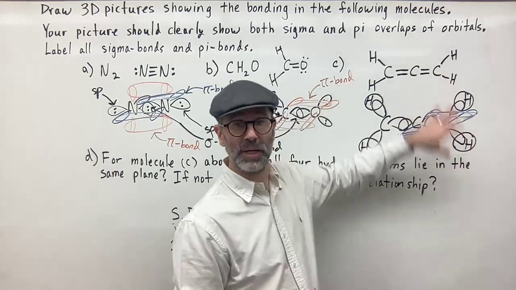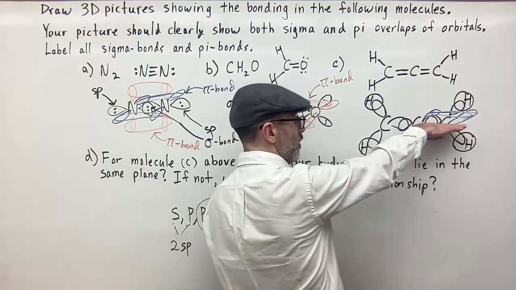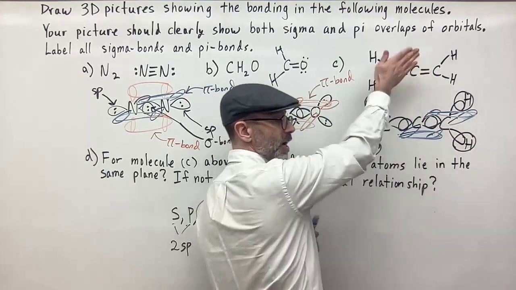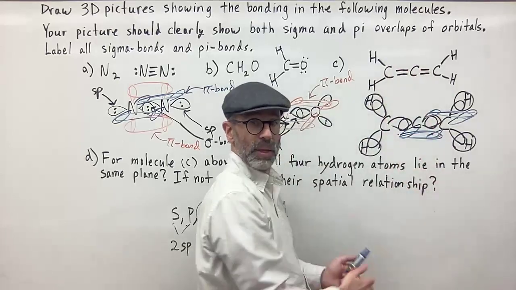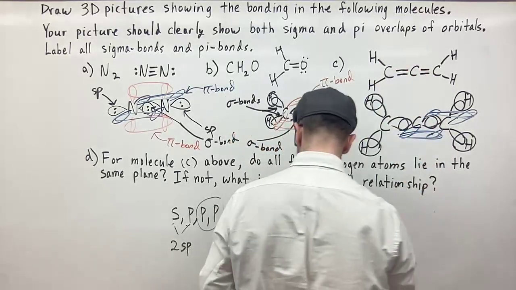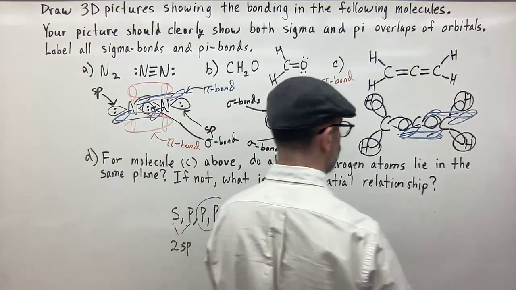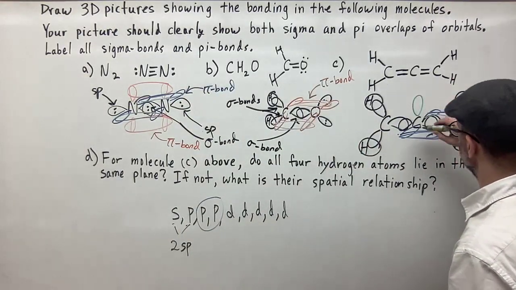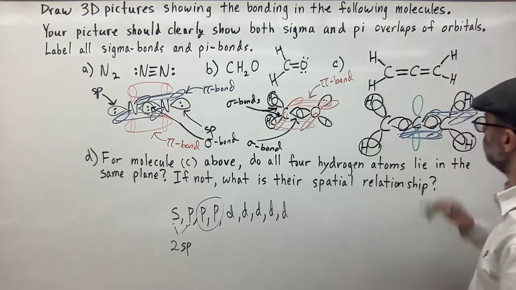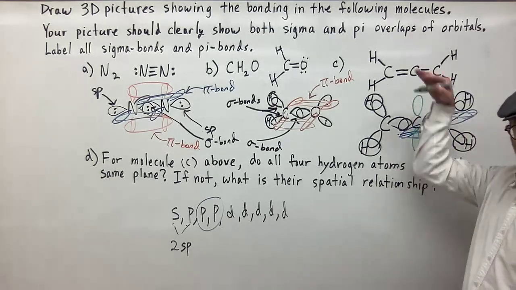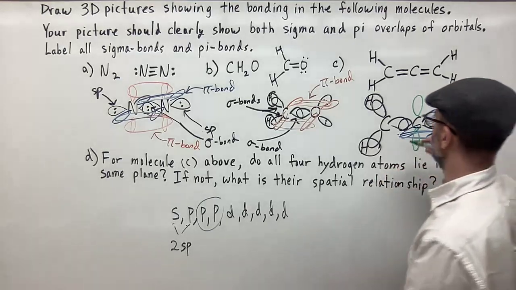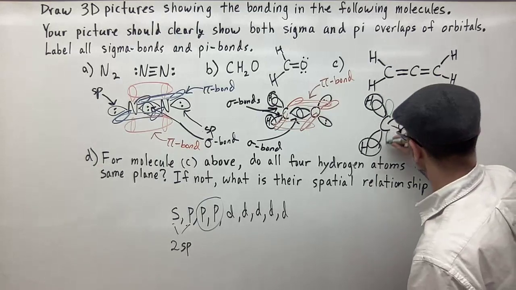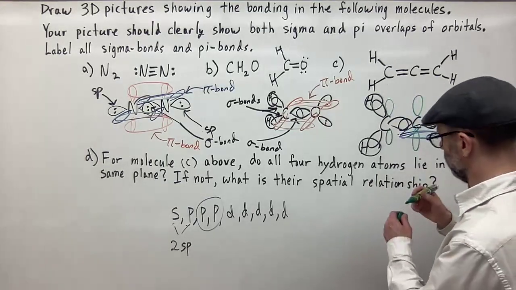So it's going to be in the plane of the board because this unhybridized p orbital is coming out this way. So then the other unhybridized p orbital has to go up and down in the plane of the board. So let's use green for this one. So that means this other unhybridized p orbital is up and down in the plane of the board, above and below, which means that this one also is going to be above and below, right?